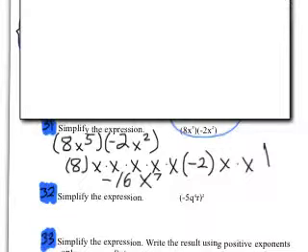Number 32 involves another rule. The exponent is the second power. Everything inside the parentheses goes to the second power, so that stuff inside the parentheses is times itself 2 times.